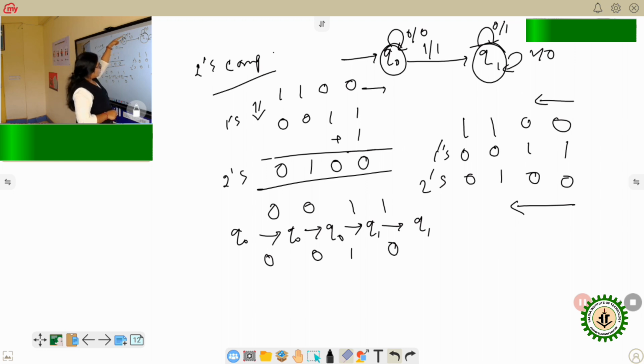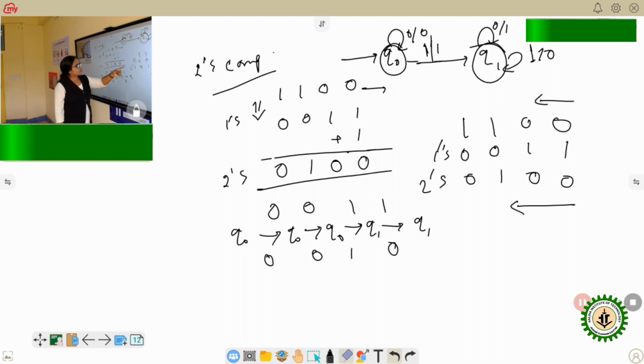For all zeros, leave them as they are, and after that, if you get the first 1, leave it as it is. After getting the first 1, whatever I get in this state, if I get 0, it will be the complement of it. If I get 1, then I have to write the output as just the complement of it. Okay, so this is the diagram of the Mealy machine for this example.